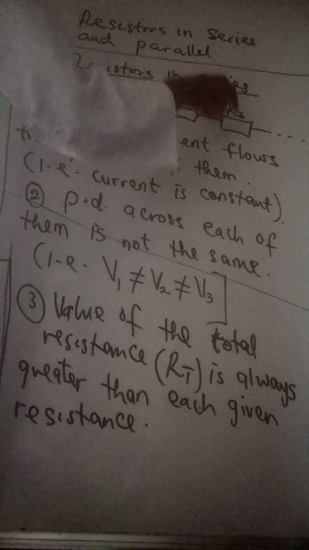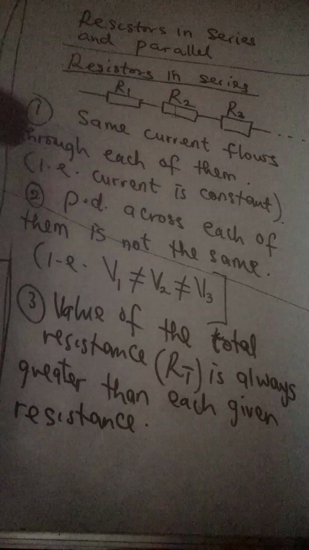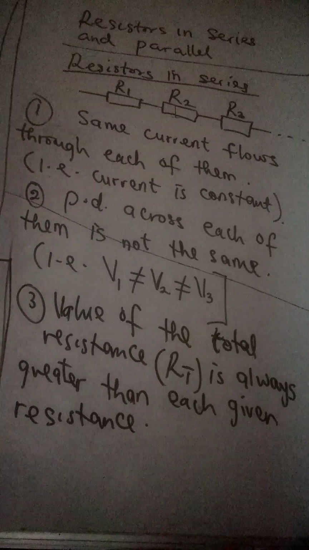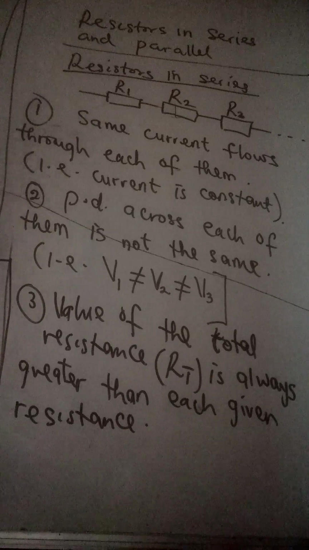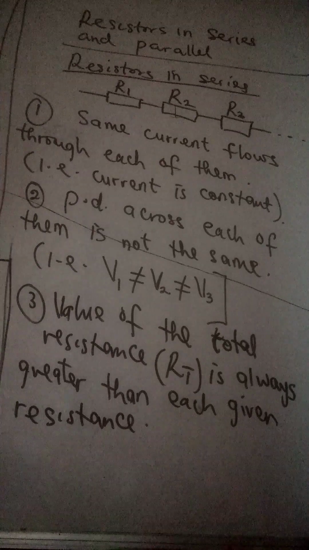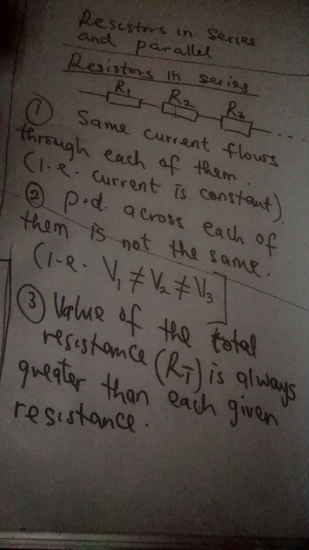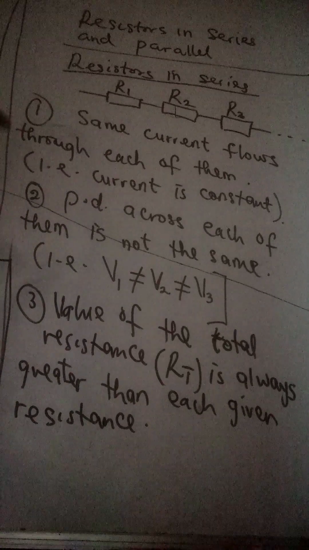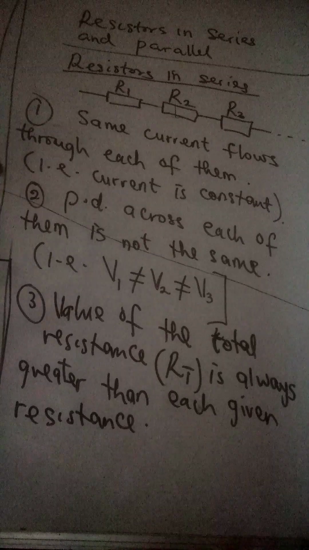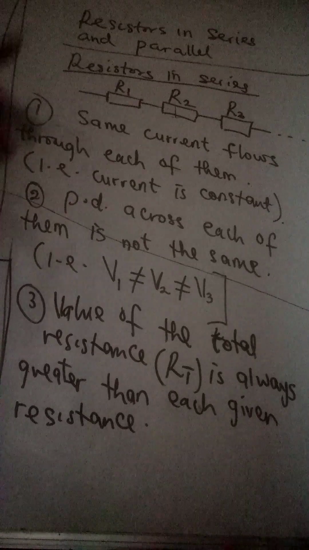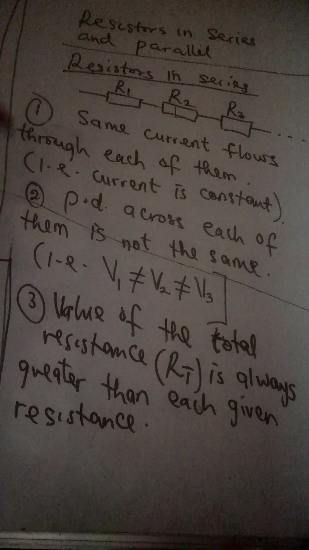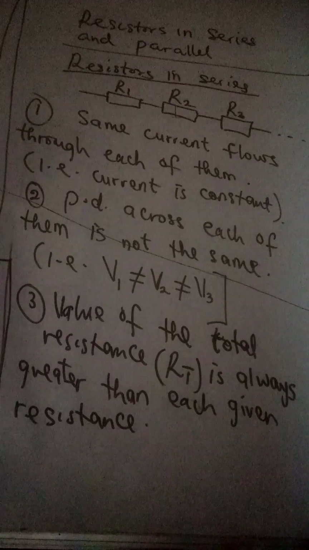That means it will be more than 7 ohms, which is the greatest or the highest here. So as we are going to see in the next step. Now, the next thing is, how do we calculate the equivalent resistance, which is also called combined resistance, which is also called total resistance? Let us go.